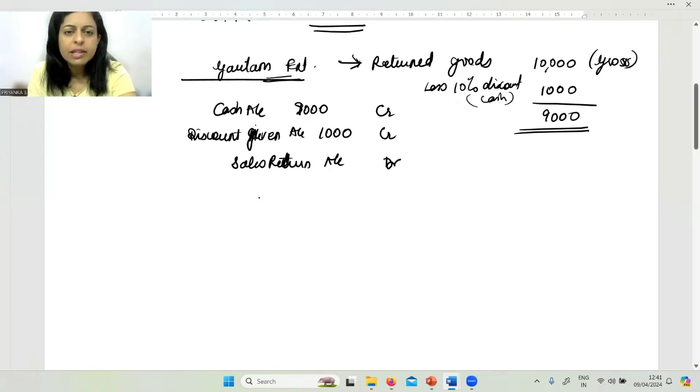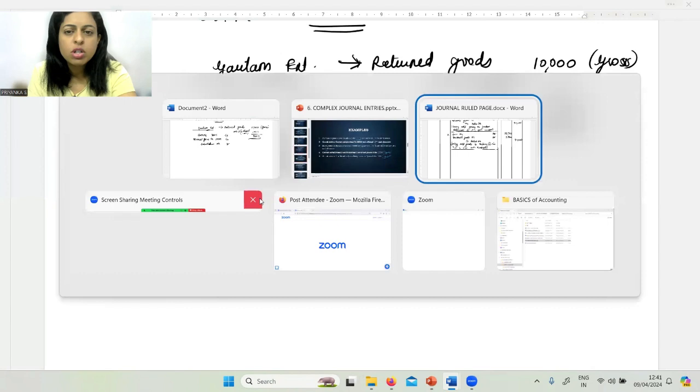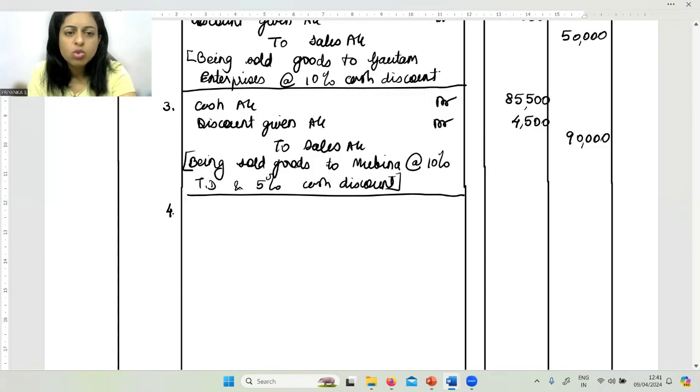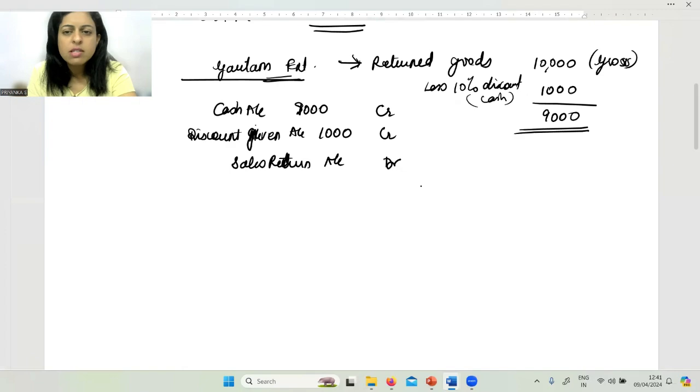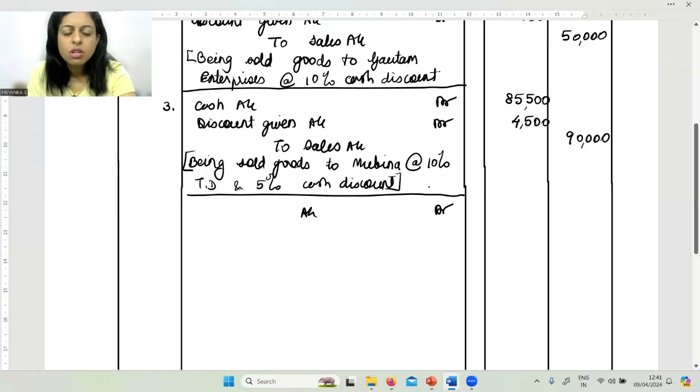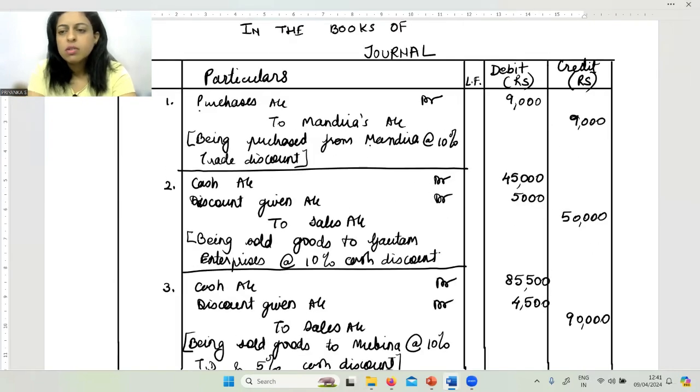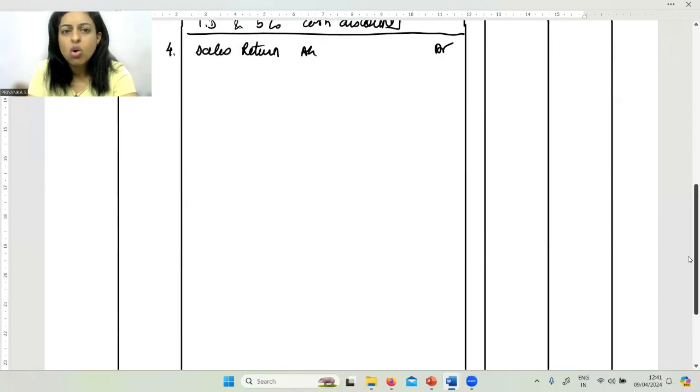So now how do I write it in the books of accounts in the journal? I will put your fourth transaction, sales return account debit. How much is the sales return taking place of? Sales return is taking place of 10,000. Why 10,000?